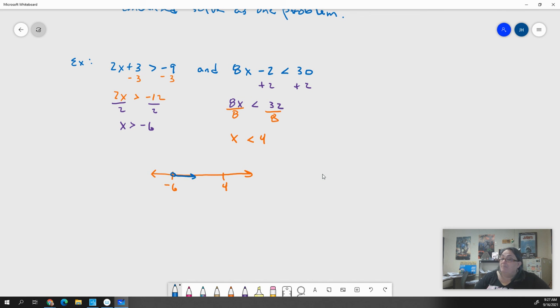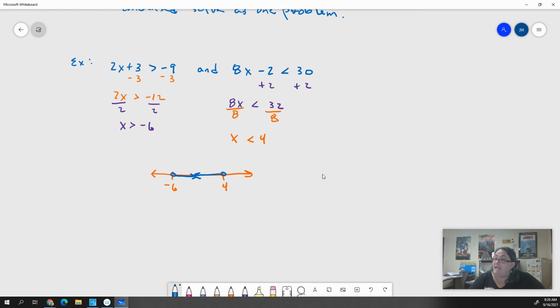But this also has to be true at all times on an and problem. So we know that x is less than 4, not equal to, so open dot, and it's going to be everything in here. They're going to come together. They graph into each other.